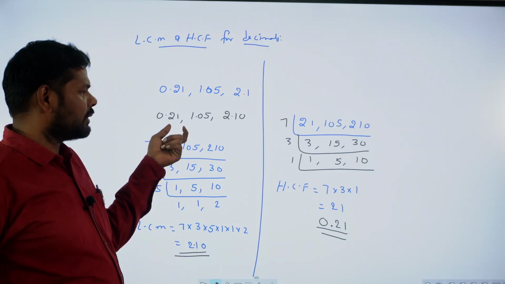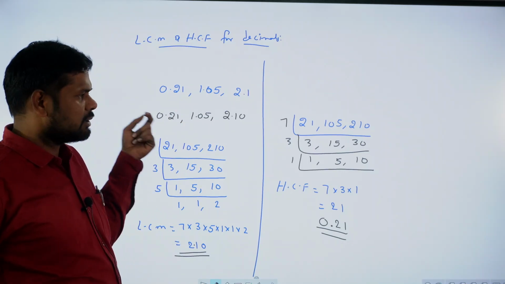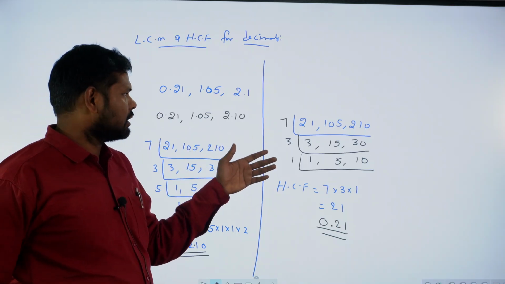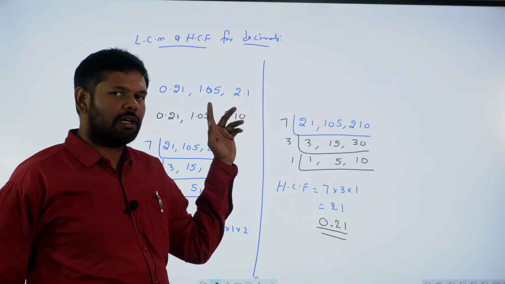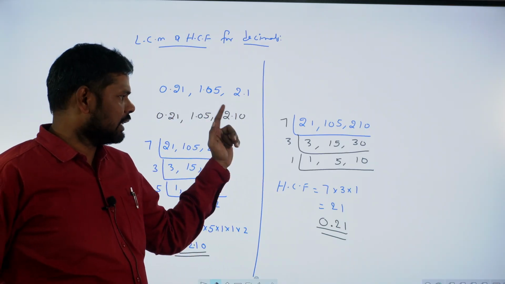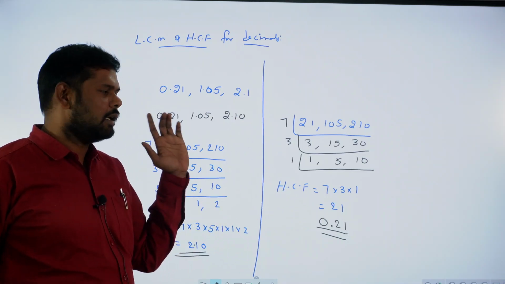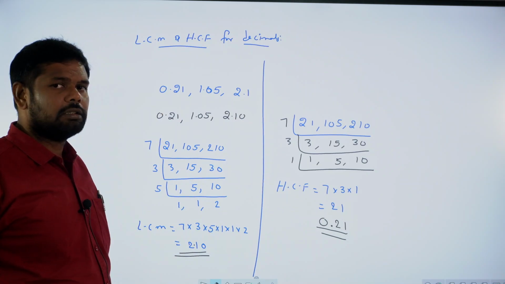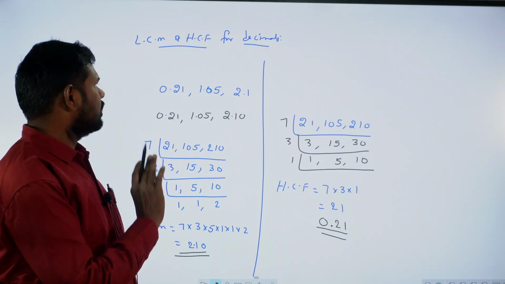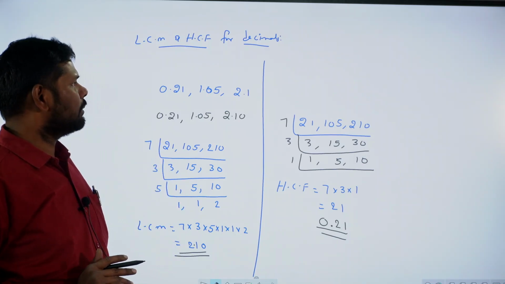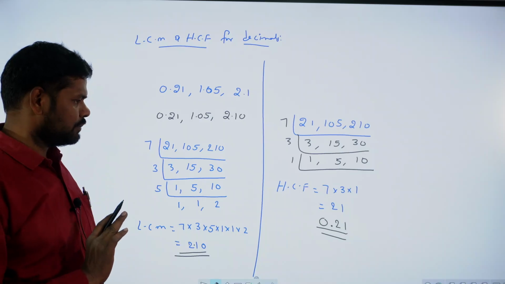If two decimals, then 2; if 3, then 3; single decimal, single. Similarly for HCF also, first equate all numbers to the same decimals, then find the HCF, and finally place that decimal again in the result. That is the procedure actually. So that is how we find the LCM and HCF for decimals.